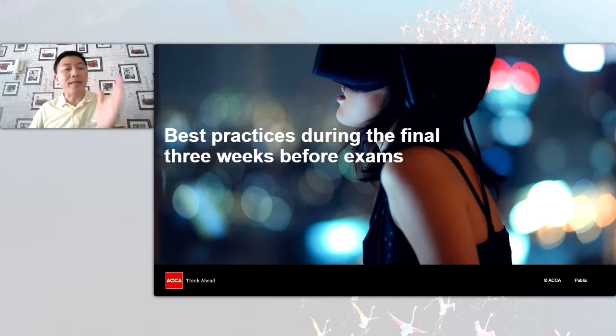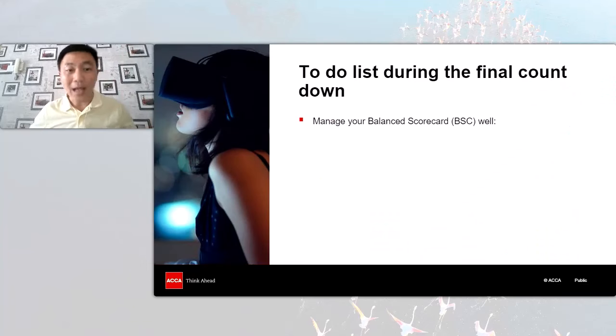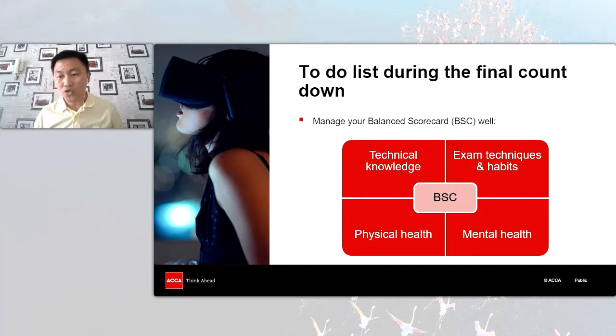From now until the exam, the judgment day, what are the things to do? I would suggest you draw up your own balanced scorecard. Try to manage your own balanced scorecard by focusing on your technical knowledge, and buckle up, get yourself familiarized with your exam techniques and the habits that I have mentioned a moment ago.